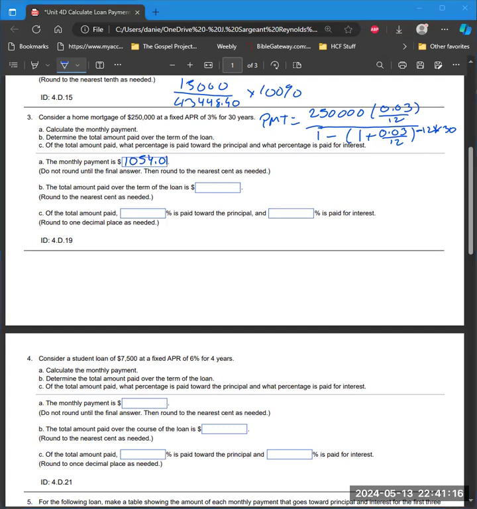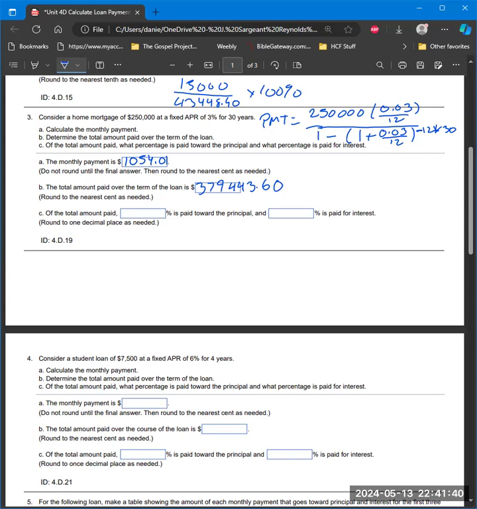That means 1054.01 times 12 times 30 is 379,443.60 for the total amount that I paid back to the loan company.